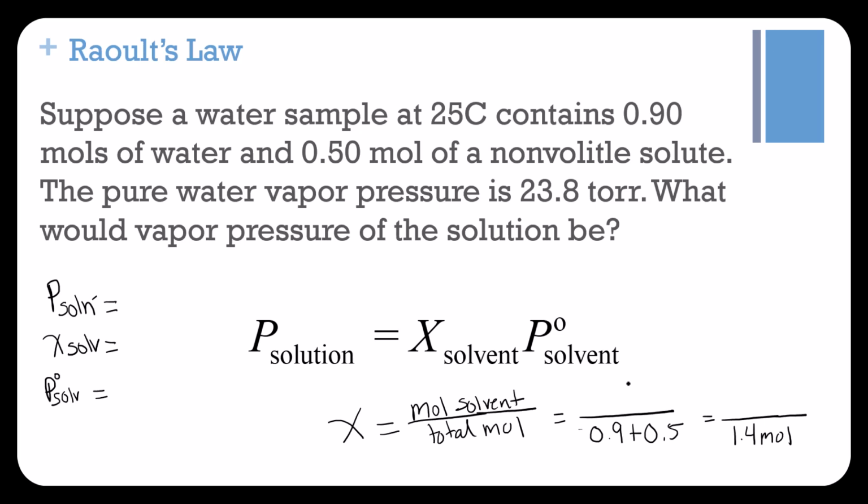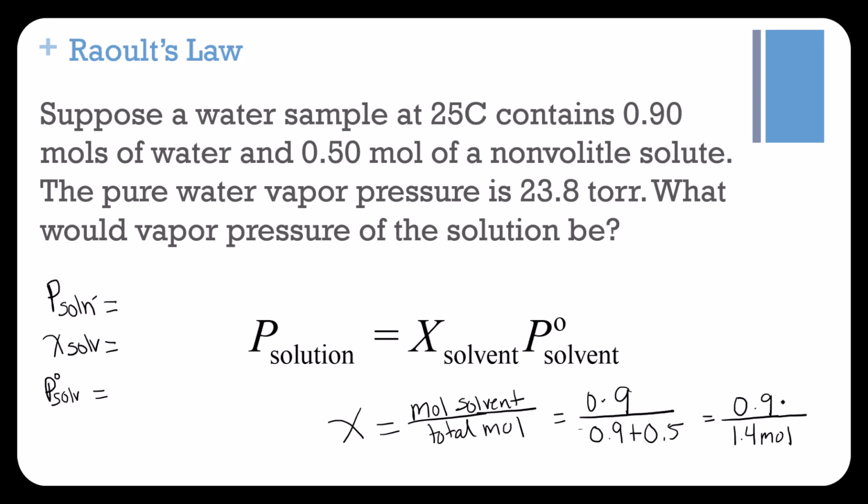Solvent is whatever is in greatest proportion. So we pick the bigger number between these two. Also, another good indication is water is very likely going to be the solvent. So we're going to put the 0.9 on the top. So we're picking 0.9 because that's our number of moles of solvent.